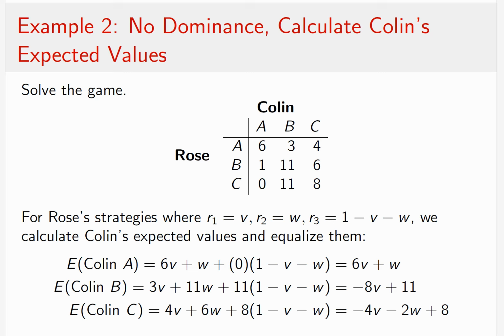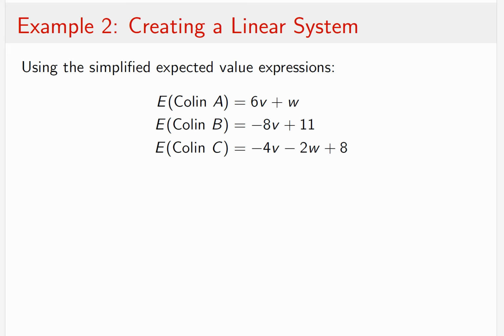All right, so what do we do? We're going to take these three equations here, and we're going to turn them into a linear system with two equations and two unknowns. And it's somewhat your choice here, right? There's three choose two pairs of equations we could make, depending on which one I choose.